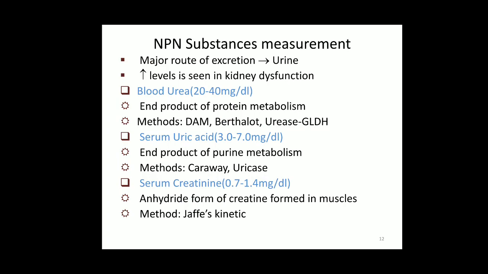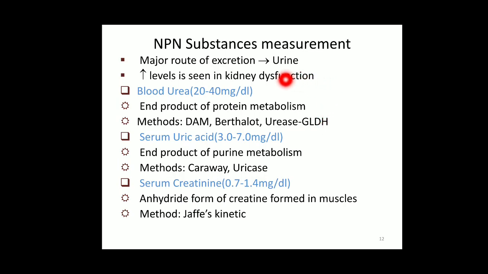Next, other parameters like urea, uric acid and creatinine are also done in blood to assess renal function. In renal disorders, these usually will be high. Increased levels are seen in kidney dysfunction. Normal blood urea is 20 to 40 milligrams per deciliter. This is the end product of protein metabolism.